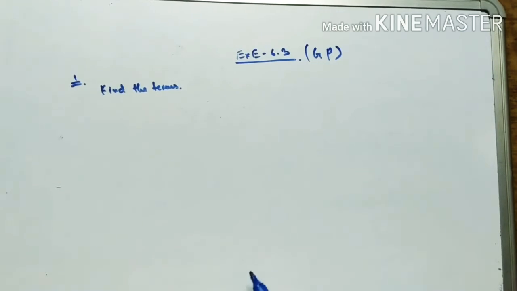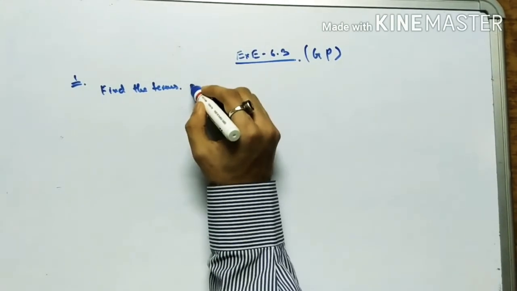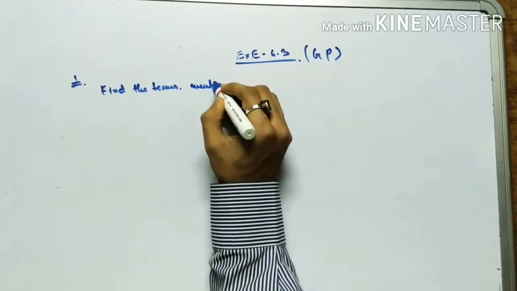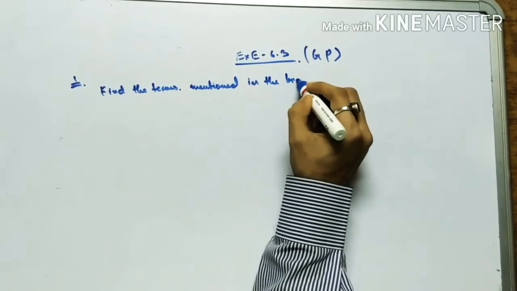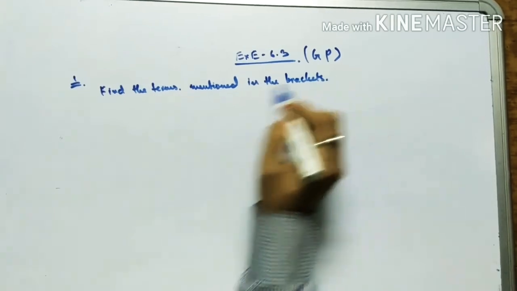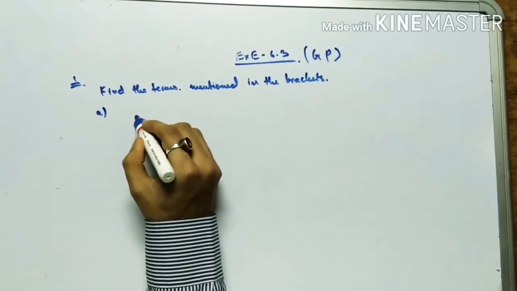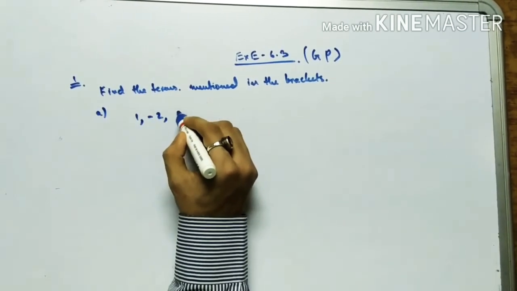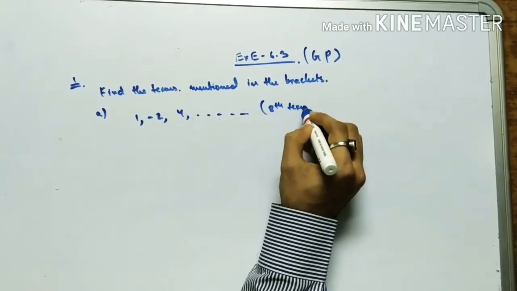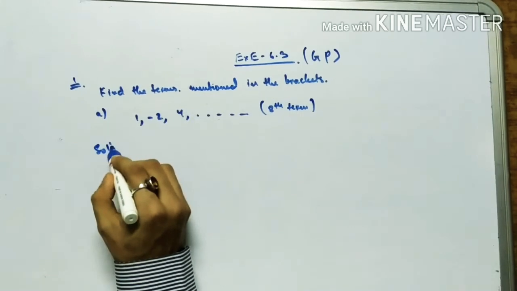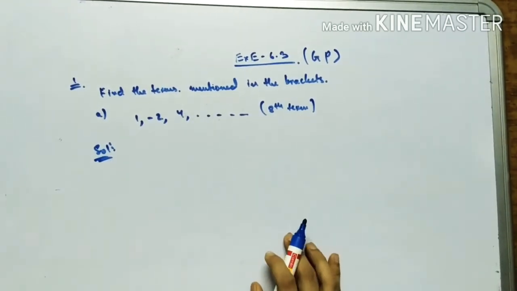So find the terms mentioned in the brackets. First one: 1, minus 2, 4, and so on, 8th term. So, solution.